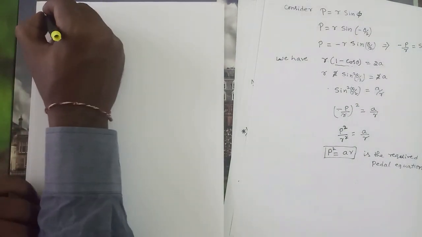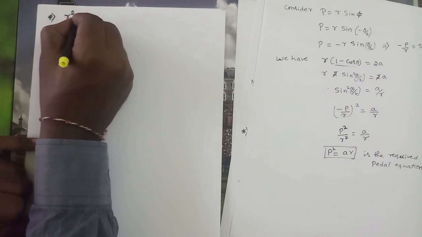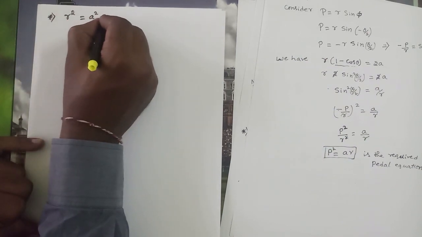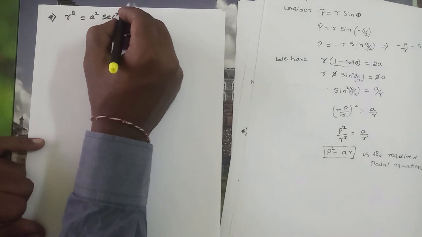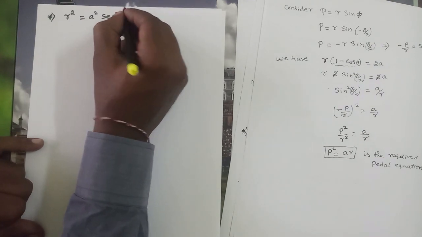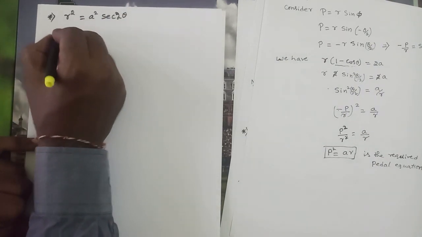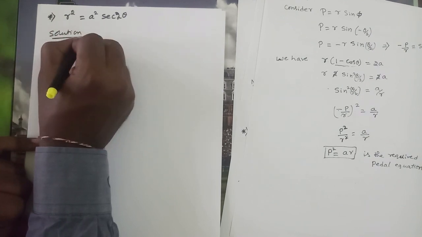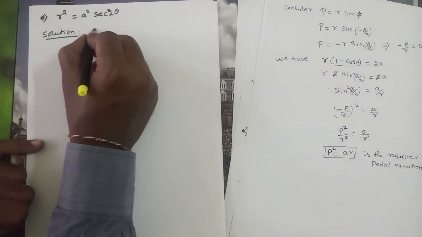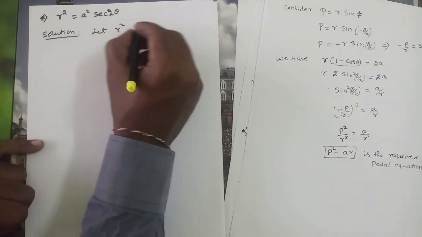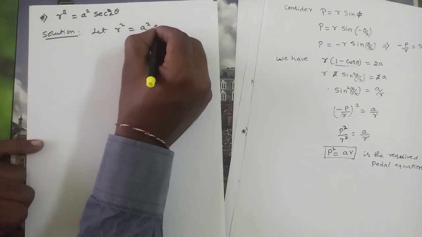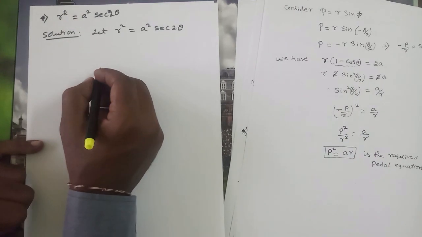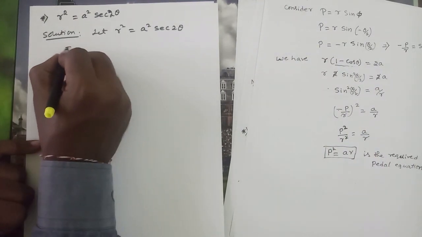So here next one, r square equals a square into secant 2 theta. So here, solution: let r square equals a square into secant 2 theta.